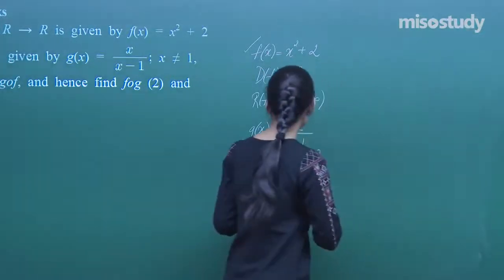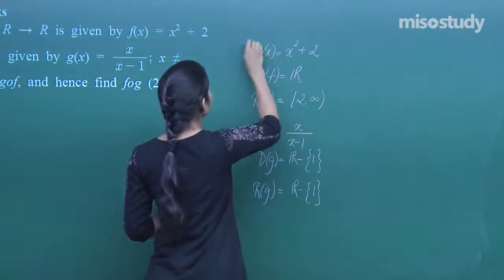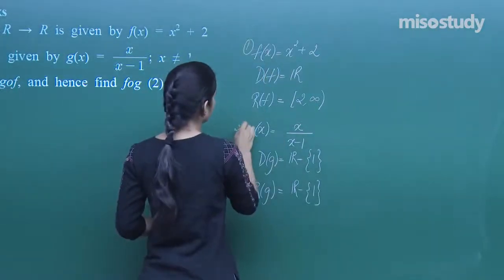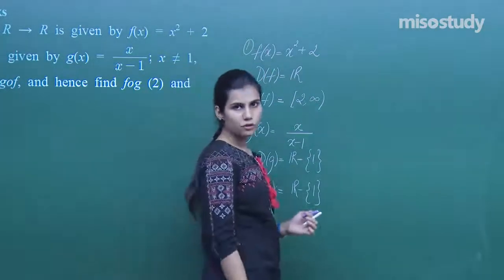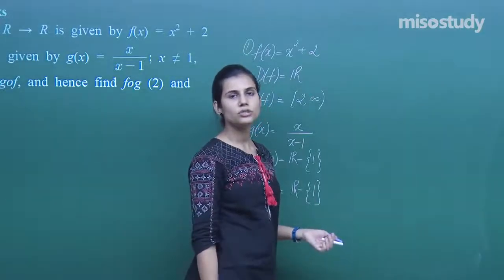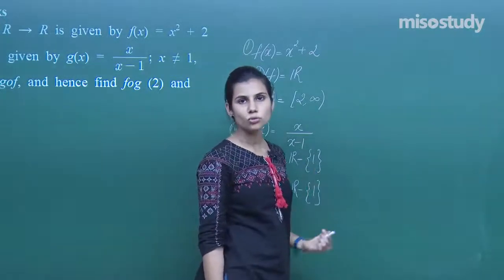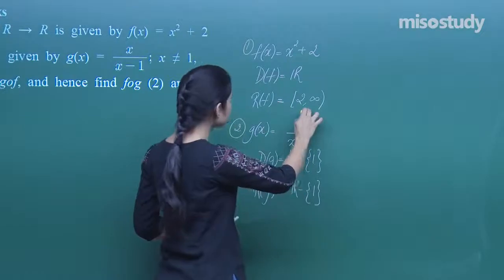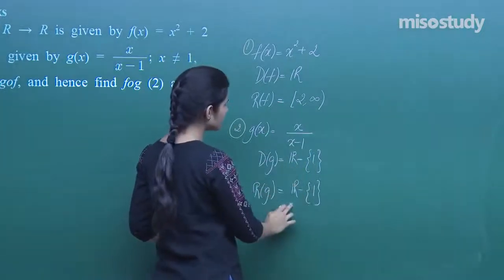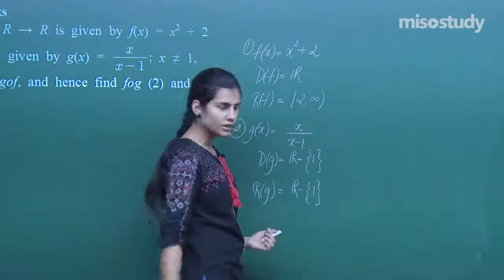Now if I want to talk about fog, for fog's existence I need to ensure that range of g is contained in domain of f. Range of g is this, and domain of f is the collection of all reals.